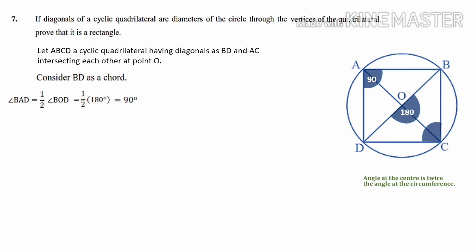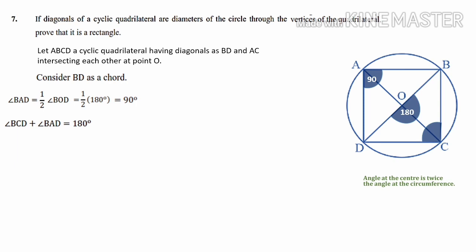Then angle BAD and angle BCD are the opposite angles of a cyclic quadrilateral. So angle BCD plus angle BAD is equal to 180 degrees. We have learned this and applied it even in the previous question.